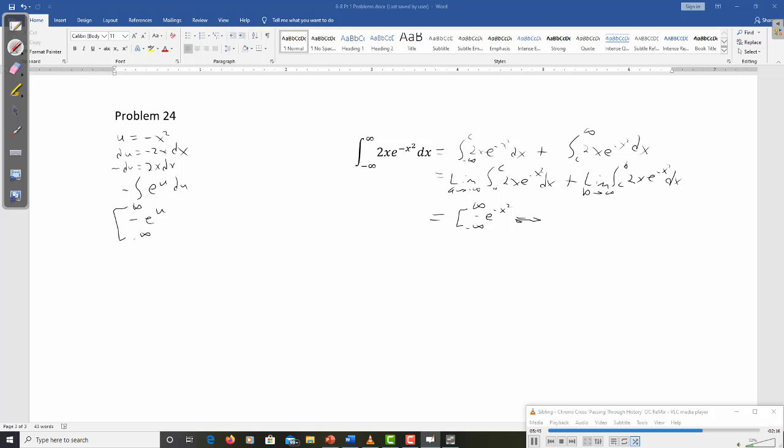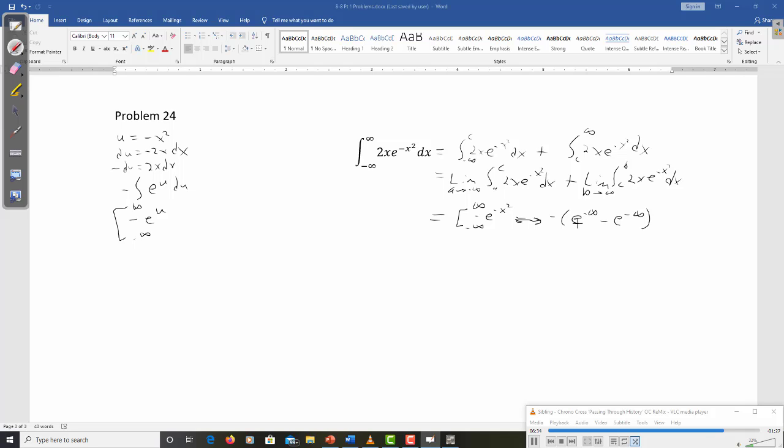So if we think about what happens, we get negative e to the negative of infinity minus... well, no, I pulled the negative out, that's right. e to the negative infinity goes to 0 as the exponent goes to infinity, because this is 1 over higher and higher powers of e: e to the negative 2, e to the negative 20, e to the negative 30, that's 1 over e to the 30th.